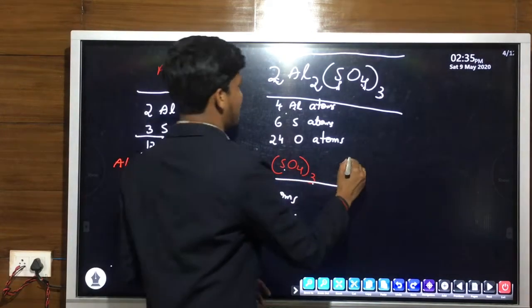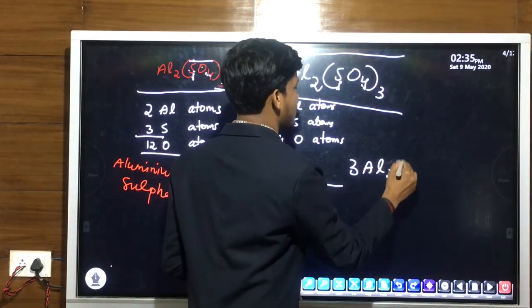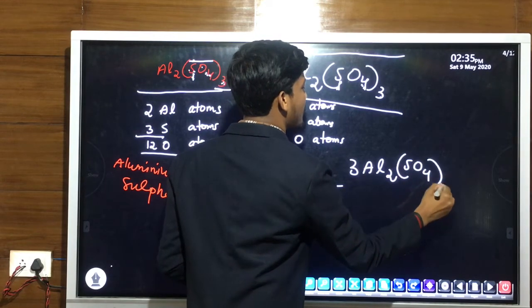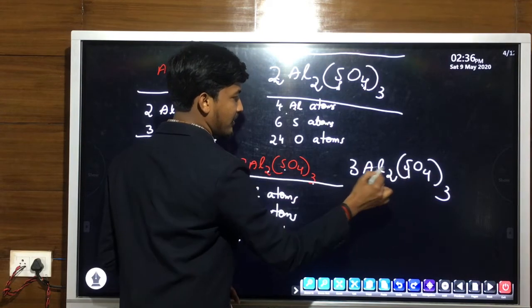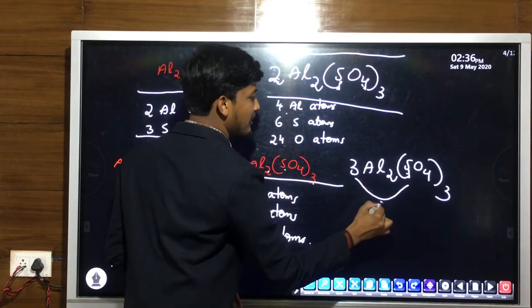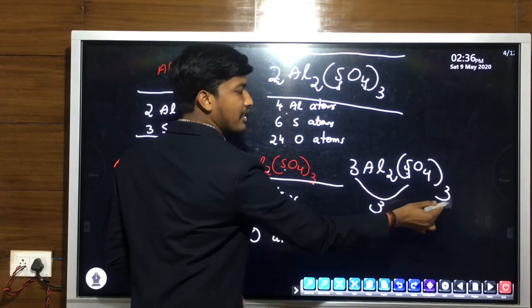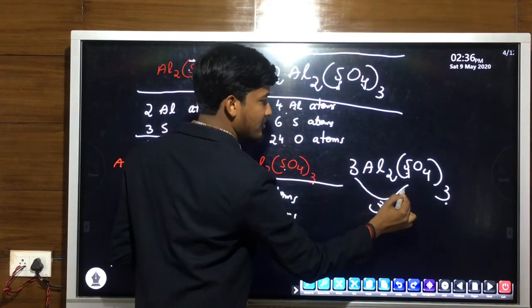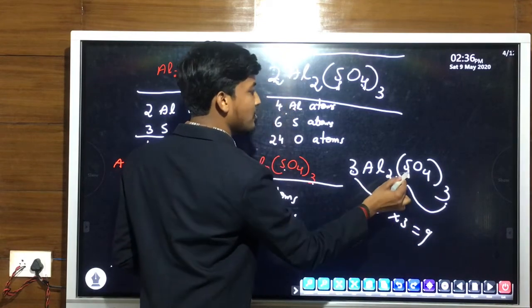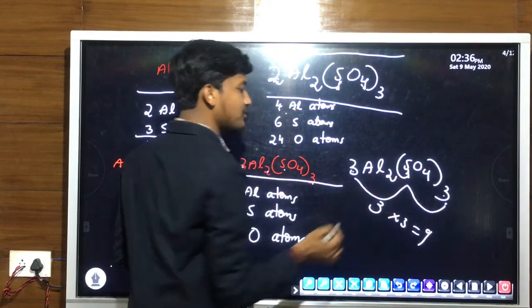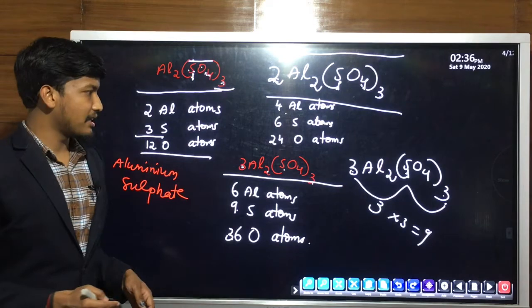So in 3Al2(SO4)3 the number of sulfur atoms will be 3 into 1 for S1, then 3, then outside the bracket we have again 3, so 3 into 3 is 9 sulfur atoms.